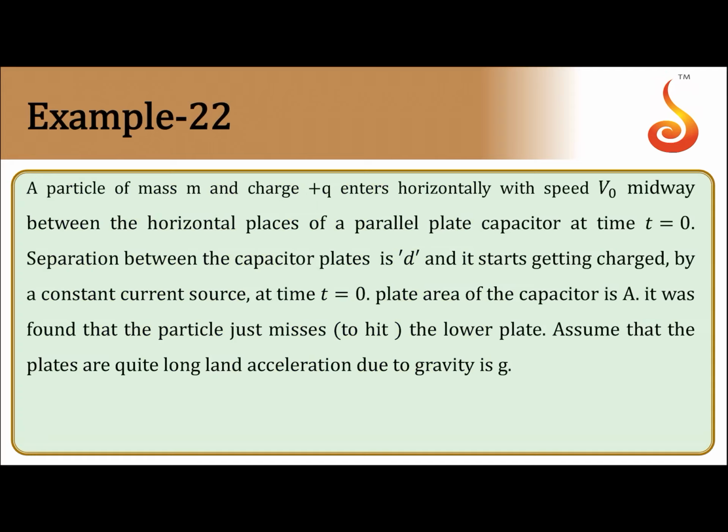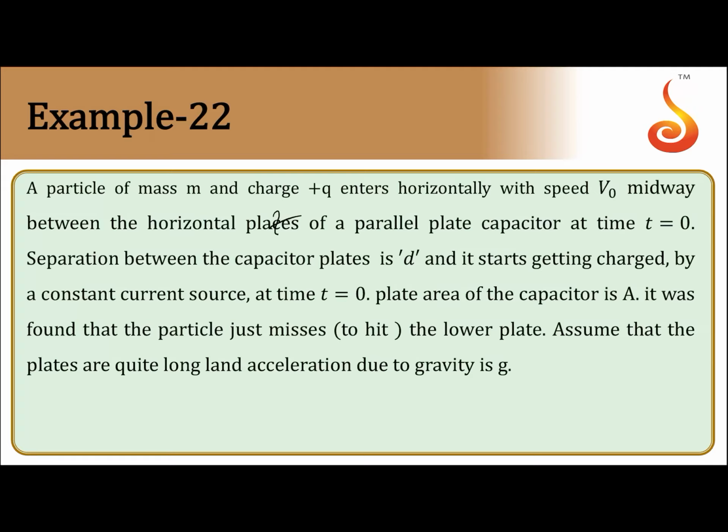So coming to this question, a particle of mass m and charge q enters horizontally with speed v naught midway between the horizontal plates of a parallel plate capacitor. At time t equal to 0, separation between the plates is d and the capacitor starts getting charged by a constant current source. Plate area of the capacitor is A. It is found that the particle just misses to hit the lower plate.